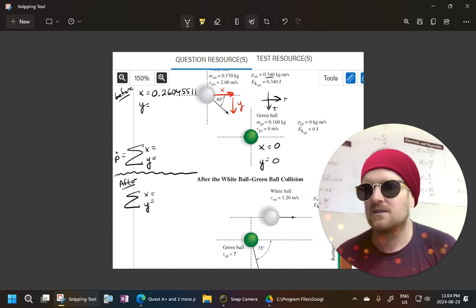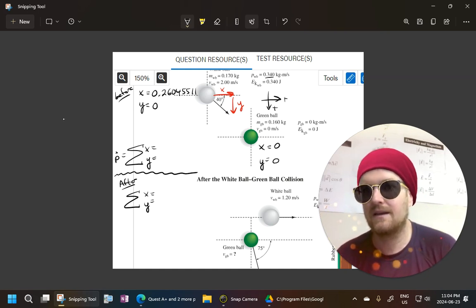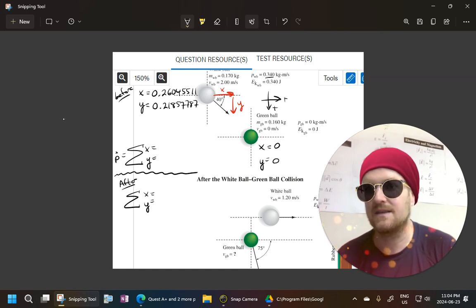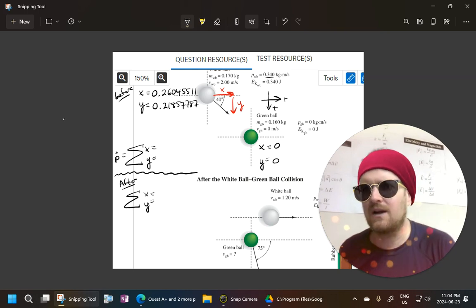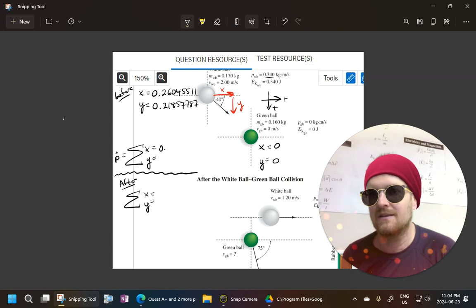Okay. So the y one, I'm going to do the same thing. I got my hypotenuse. I'm using that 0.34 times sine 40 degrees. And I get 0.218577787. Okay. So now, because the other one adds up to 0, when I add them together, I get just these two numbers here.